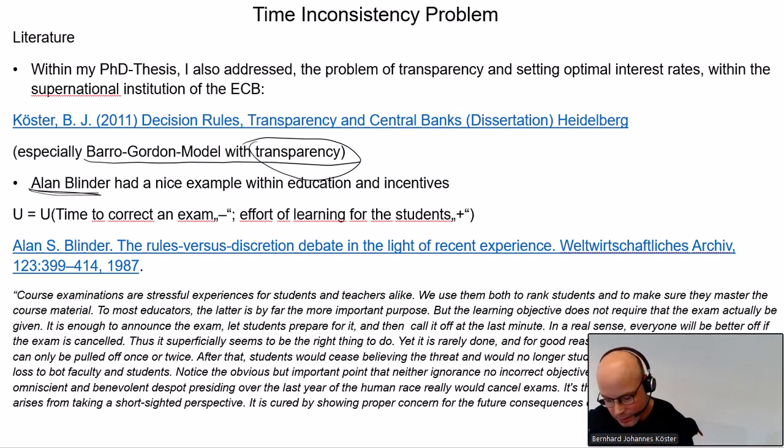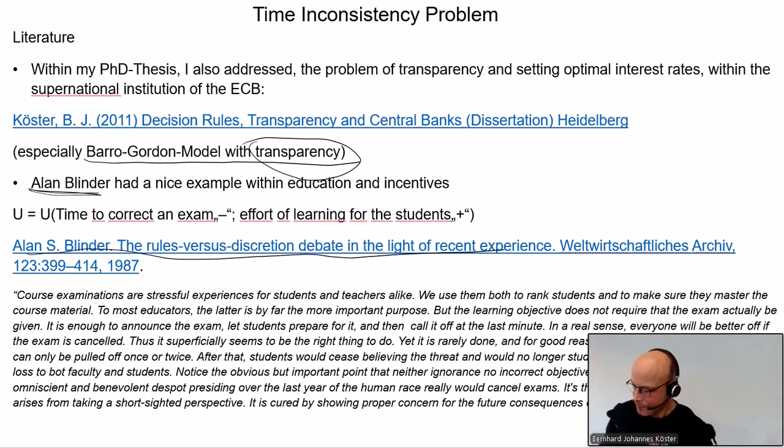And you can click on this. Here, he made the following setup. Well, the examinations are quite stressful for you and also for me, or for us, because we have to correct them.